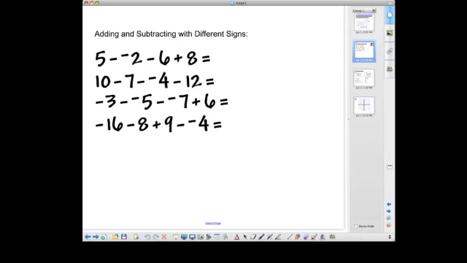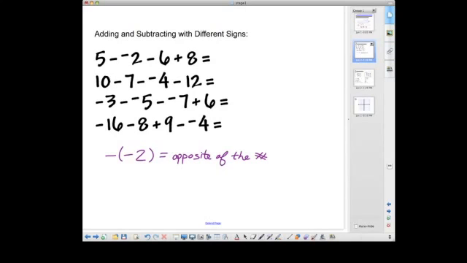When you have minus a negative number, what it's telling you is you're doing the opposite of that number. And if you remember, the opposite of a number is the same number on the other side of the zero, right? It's equidistant from zero.